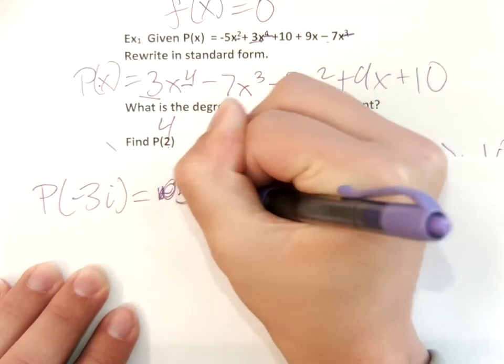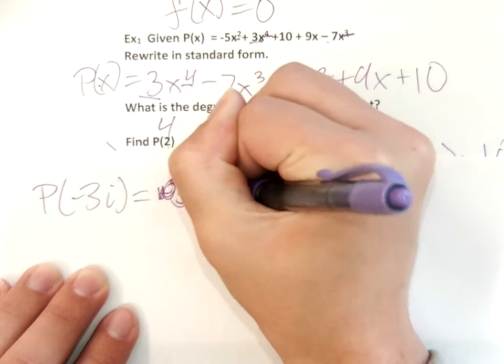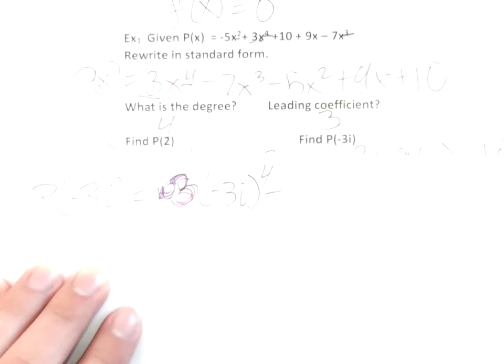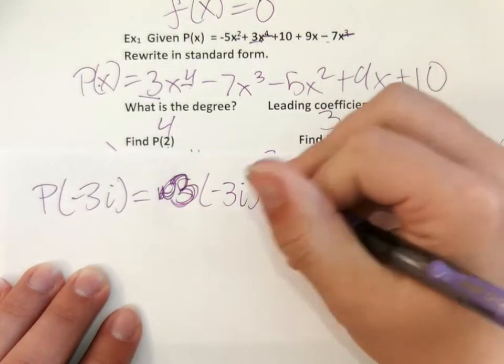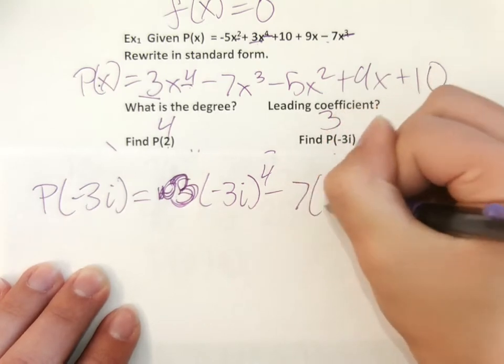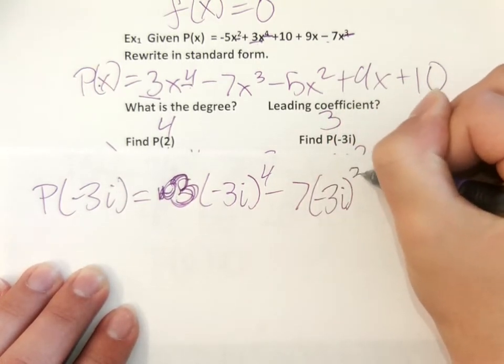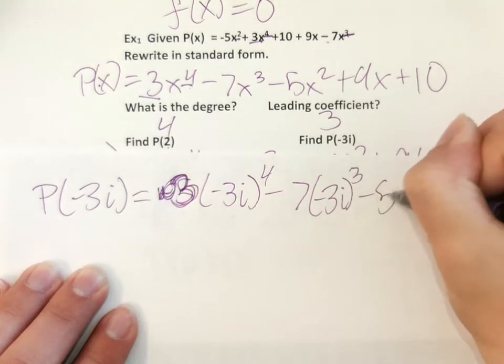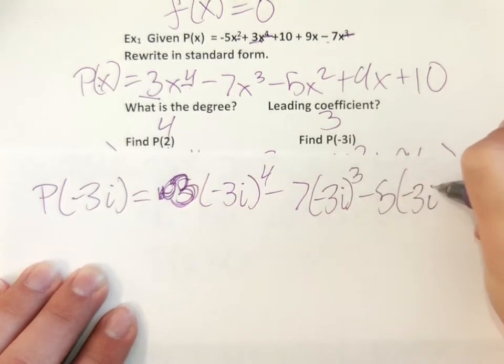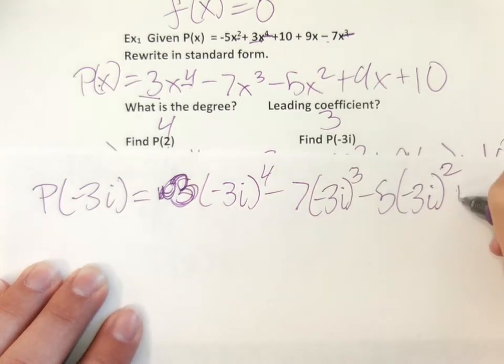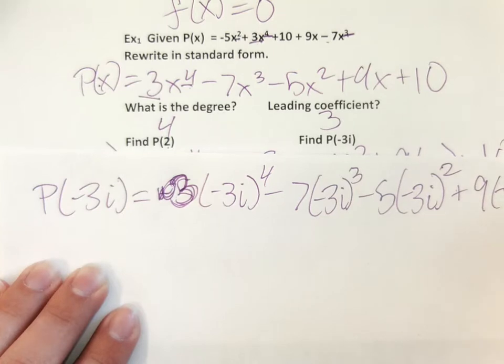Doesn't that make us feel better? That's a 3. Anyways, then minus 7, negative 3i to the 3rd, minus 5, negative 3i to the 2nd, plus 9 times negative 3i, plus 10.